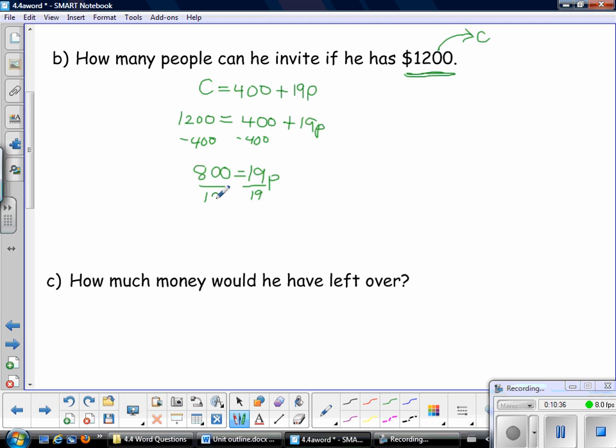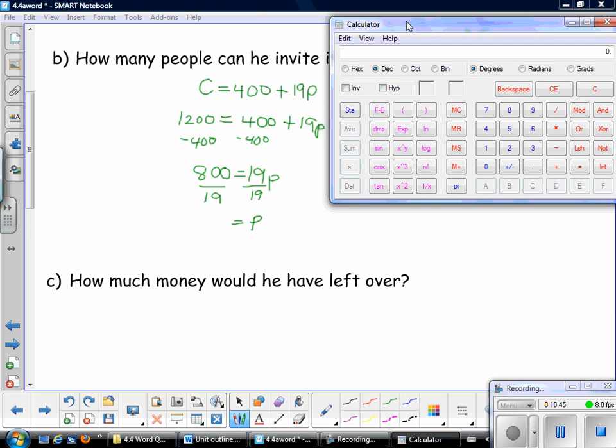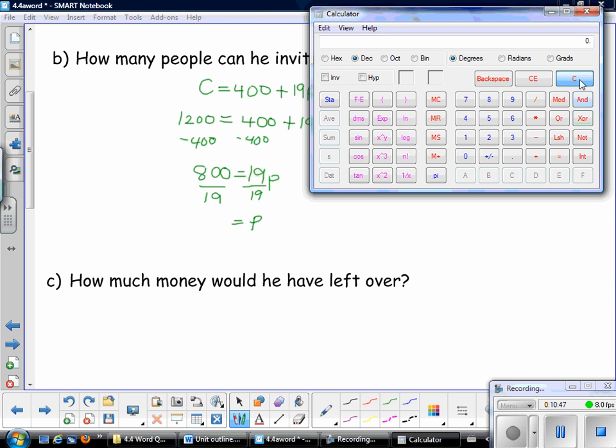Now, it's not going to go evenly, and that's all right. So we need to bring up a calculator. And that's what I've done here. I just brought up this one instead of the graphing one. So I'm going to enter my 800, and I'm going to divide it by 19. And when we do that, we see that we end up with 42.1.